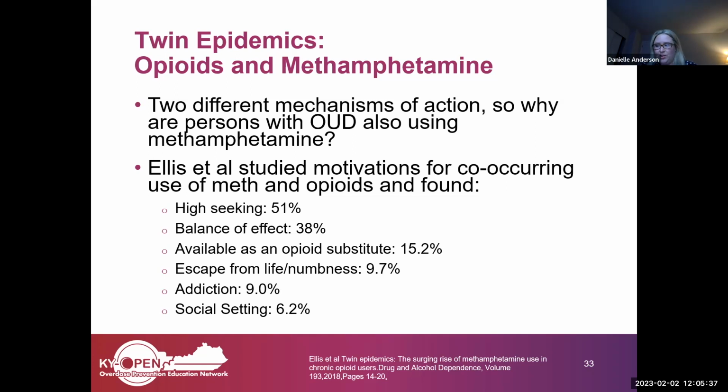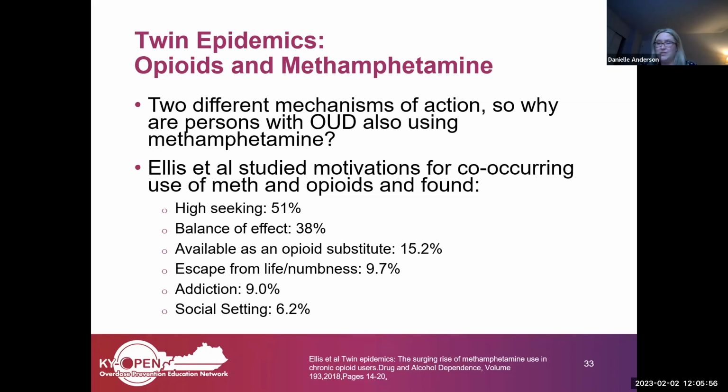Participants in this study were also asked for explanations of the increase in methamphetamine use in their local areas. And the top 3 reasons the people in the study felt that methamphetamine use was increasing in their communities were these.